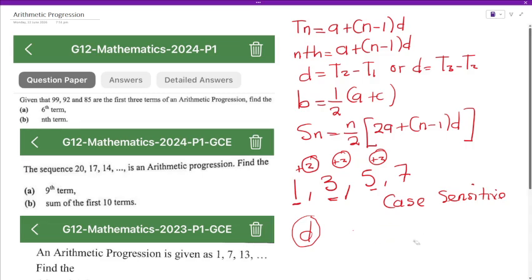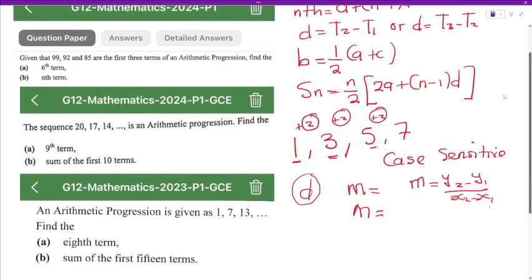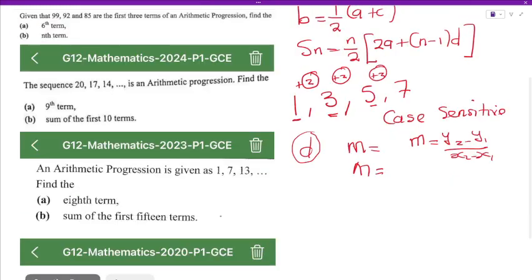If you go to coordinate geometry, you find that there's a formula for a small letter m and another one for a capital letter M. This one is for the gradient, this one is for the midpoint. So imagine you switch them around, and then you have a strict examiner like myself marking your paper. I'll get some marks just because instead of saying small letter m is equal to y2 minus y1 over x2 minus x1, you decide to shock me by writing it this way.